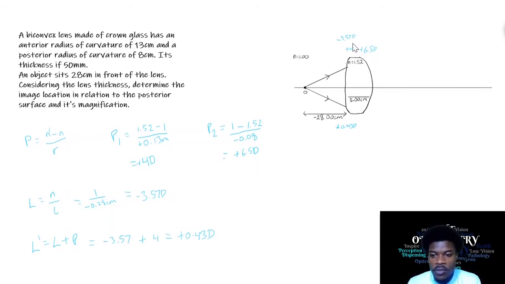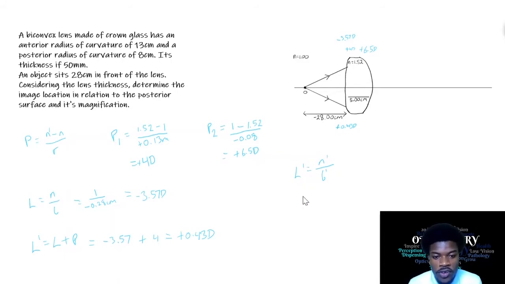So we have our object vergence, image vergence for the first surface. So let us find the image location. Where would this image form? The image for this first surface, where would it form? And guys, L prime, as we know, is equal to n prime over small l prime. We want to find small l prime. We already have the image vergence.